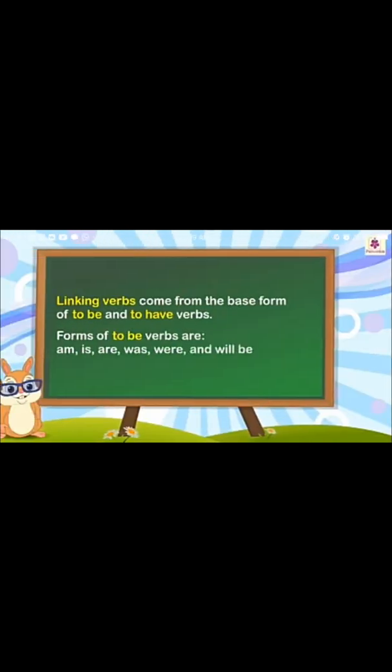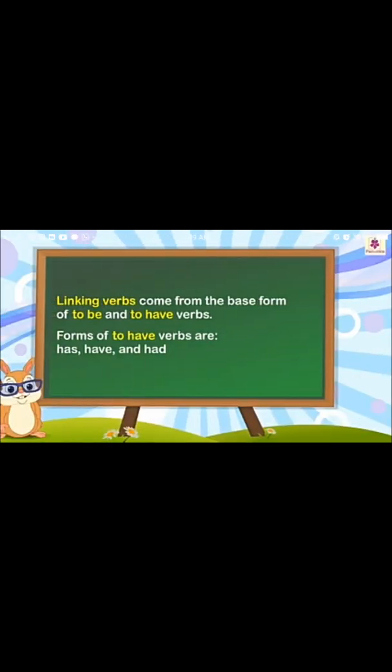Linking verbs come from the base form of to be and to have verbs. Now let us see what these to be and to have verbs are. Forms of to be verbs are am, is, are, was, were and will be. Children, am, is, are, was, were and will be are to be forms of verbs.